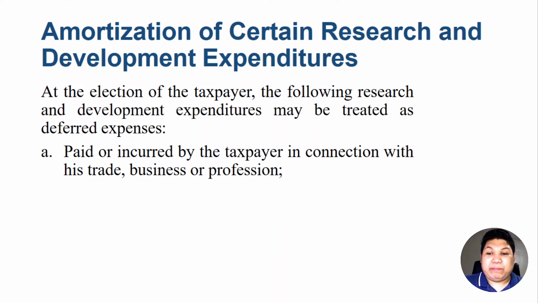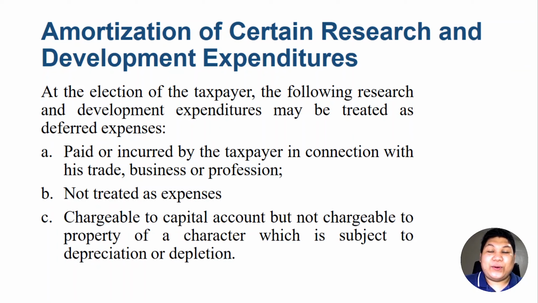Number 1, paid or incurred by the taxpayer in connection with his trade, business, or profession, and those which are not treated as expense, or those which are chargeable to capital account but not chargeable to property of a character which is subject to depreciation or depletion. So those other research and development costs which are not properties, which are not facilities subject to depreciation, they would be amortized.